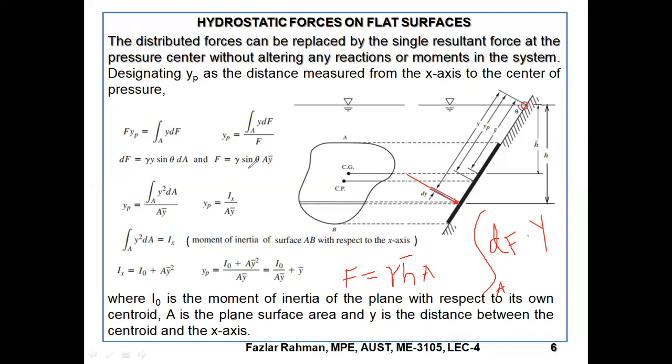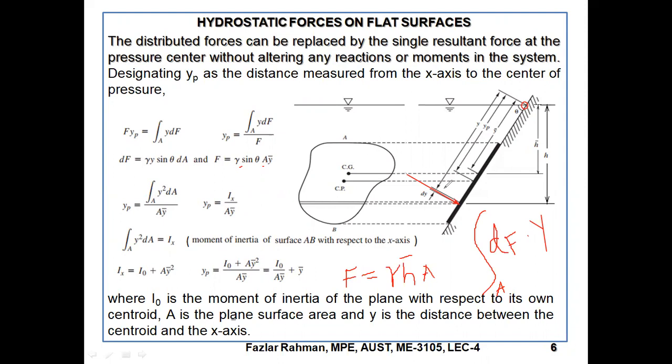Instead of h, they write y bar sine theta, and gamma is here, this is the area. So y bar sine theta equals h. This moment is the summation of the moments working in every segment of the small strip.